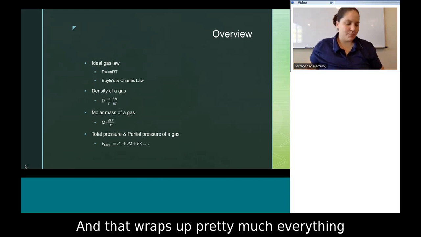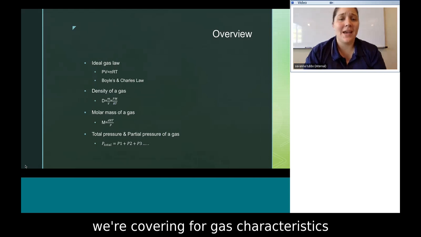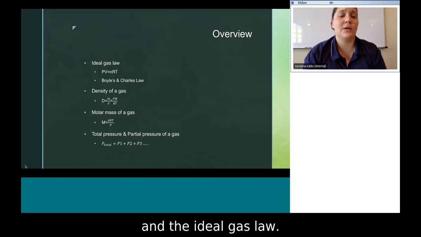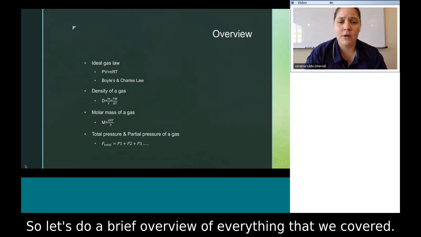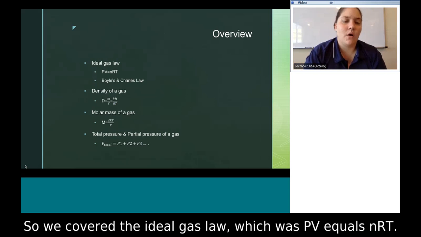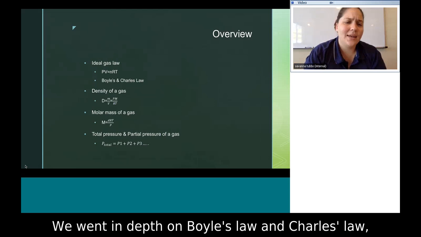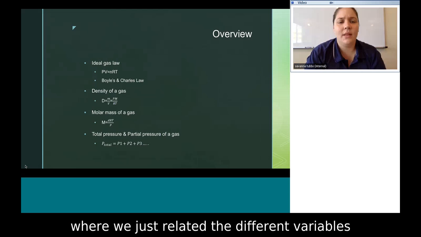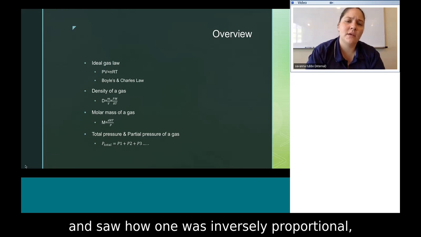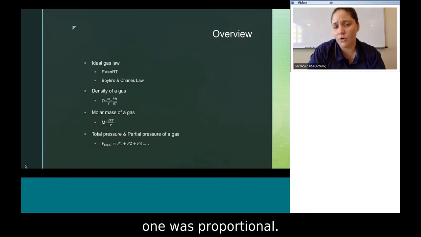And that wraps up pretty much everything we're covering for gas characteristics and the ideal gas law. So let's do a brief overview of everything we covered. We covered the ideal gas law, which was PV equals nRT. We went in depth on Boyle's law and Charles' law, where we related the different variables and saw how one was inversely proportional, one was proportional.